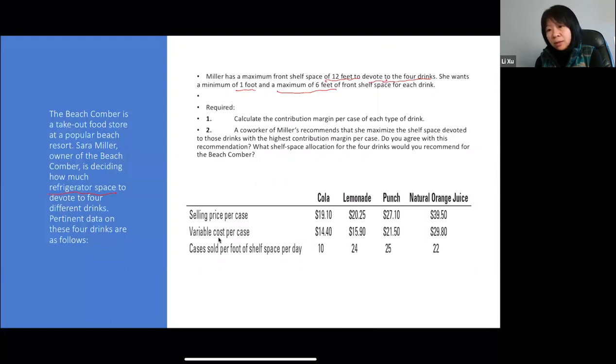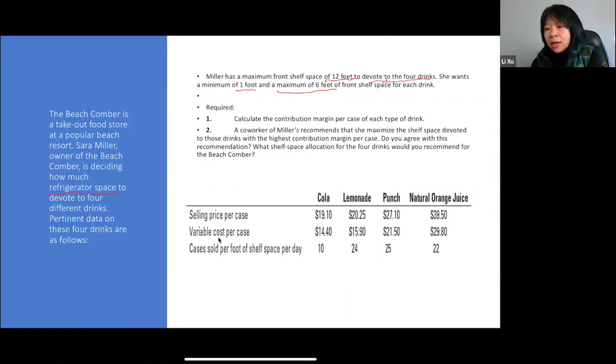Minimum 1, but maximum, you don't want to put too many drinks in your fridge. So the maximum cannot take up more than 6 feet, okay? So this is essentially 1 foot and 6 feet. It's kind of like a demand. That's the ceiling of the demand. Okay, you're not going to put more than 6 feet of drinks in your fridge.